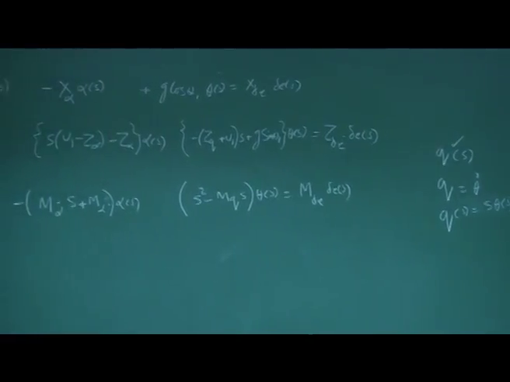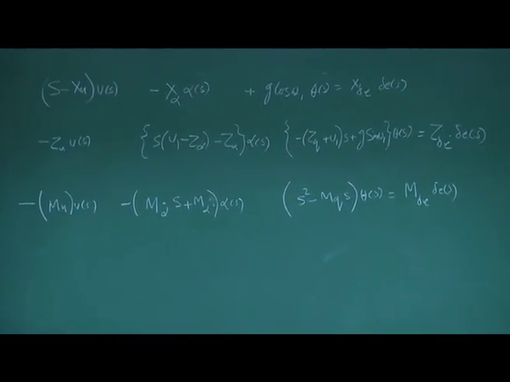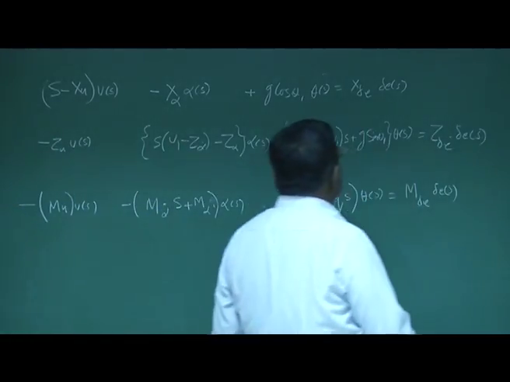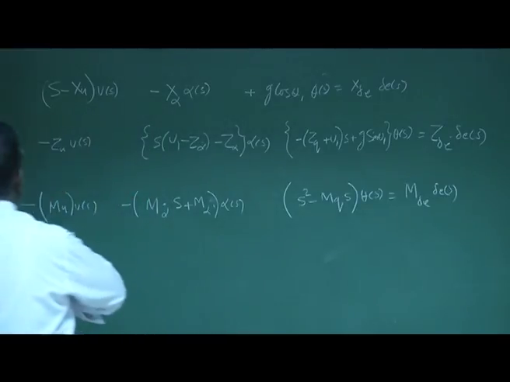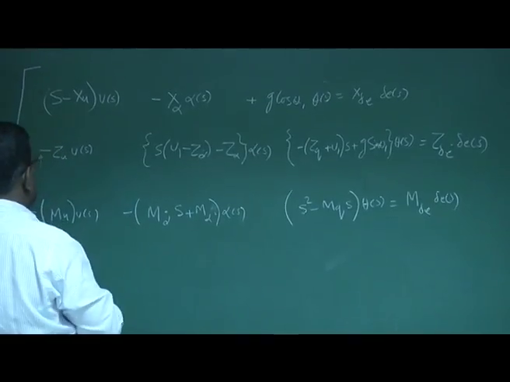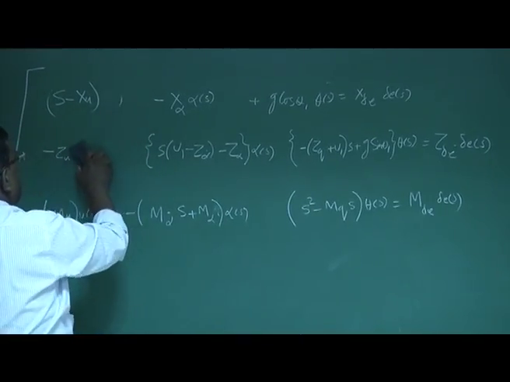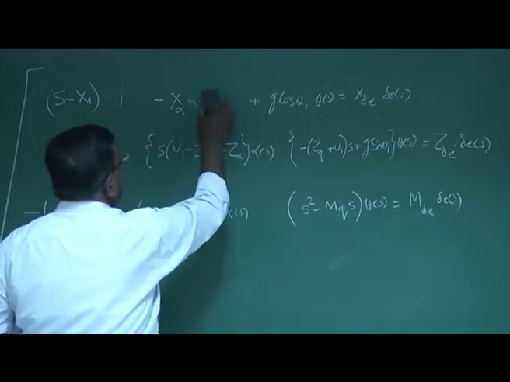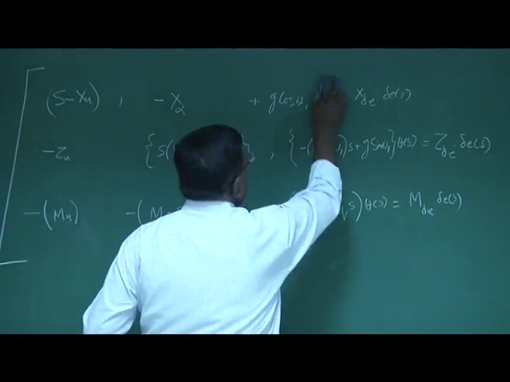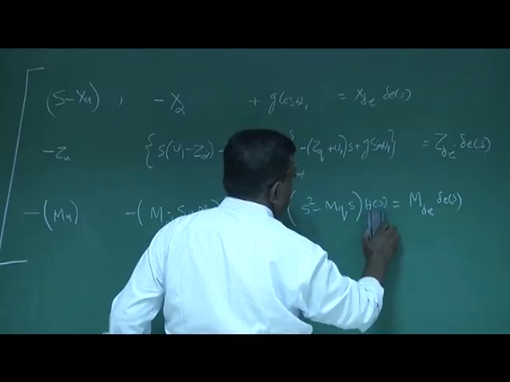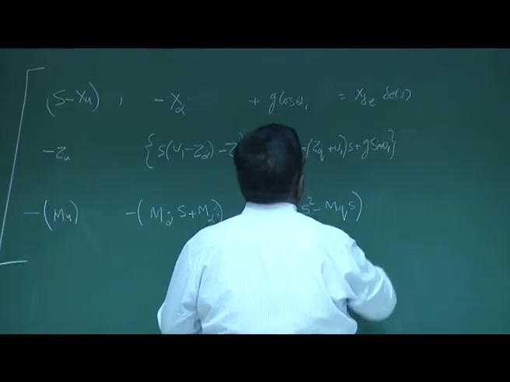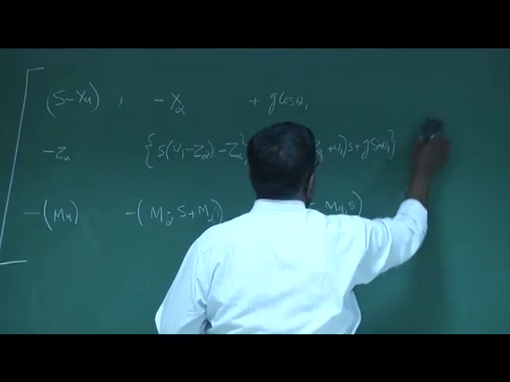Okay. Now we'll make a trick and try to write it in matrix form. So what is the best way to do it? You simply put a matrix sign like this, take out this u of s from here, take out this alpha of s from here, theta of s from here, and then you write this, take this also, write this, okay?